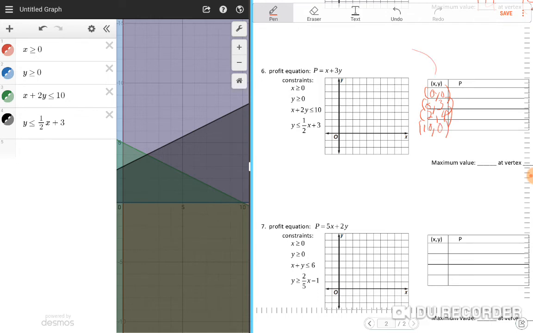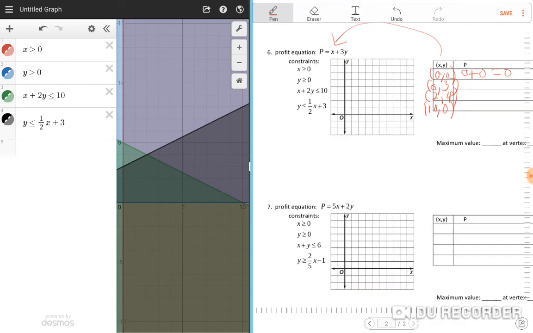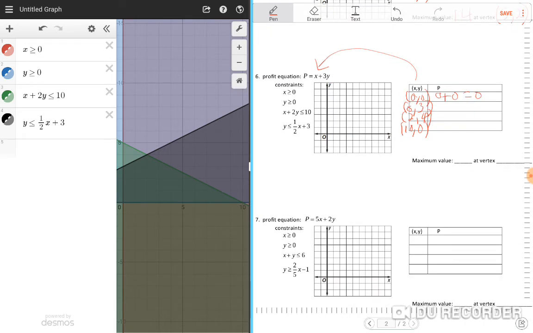Let's plug these into the profit equation. 0 plus 0 is 0. So that's not going to help. Then we got 0, 3. So 3 times 3 is 9. So 0 plus 9 is 9. Then we got 2 and 4. So 2 plus 12 is 14.